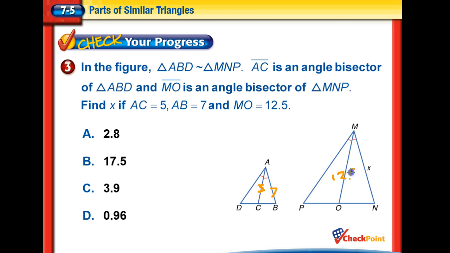And there's our X. So you should be able to set up a proportion now because we have all the right pieces labeled. So we've got 5 and 7, 12.5, and X. So again, I should see your proportions, your cross products, and your answer here.